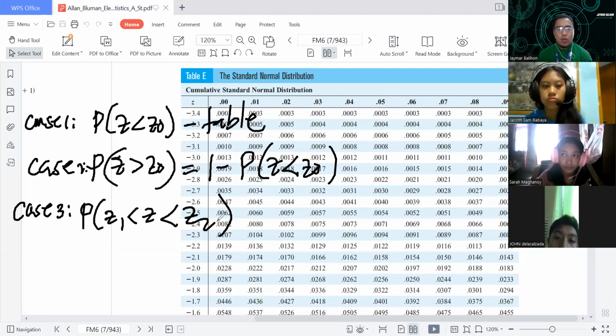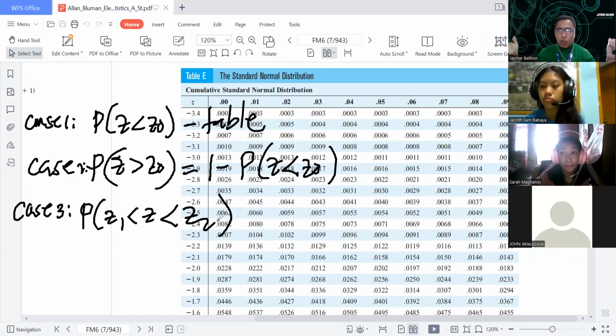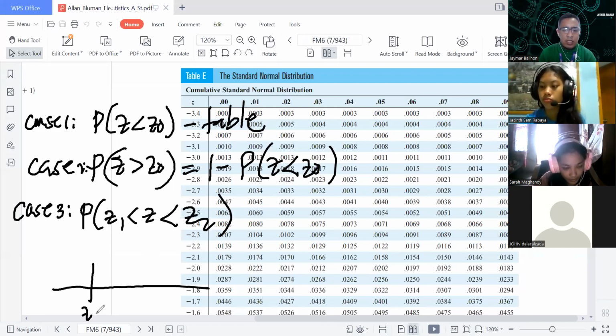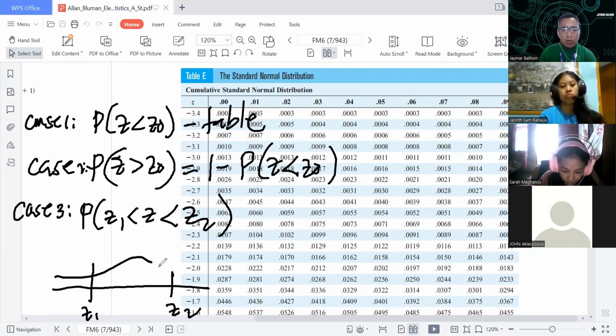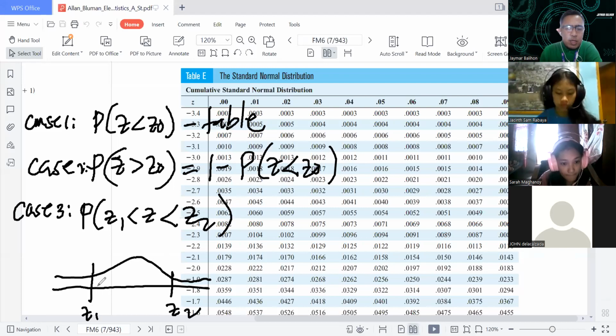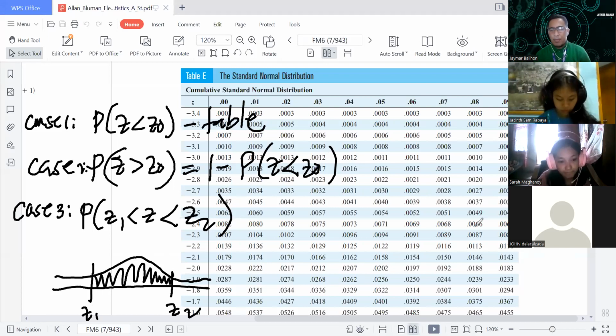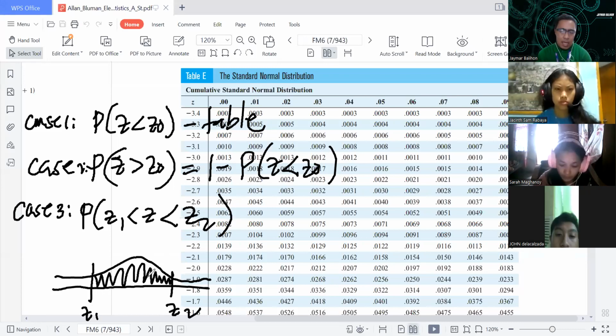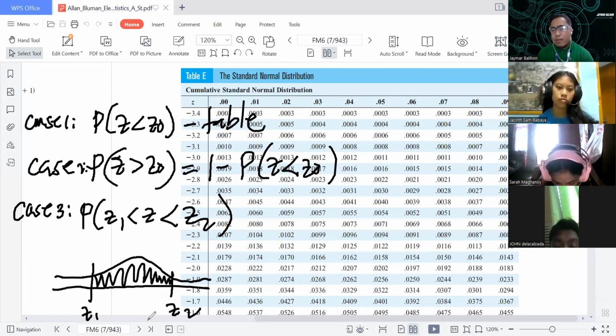If this is your z sub 1 and this is your z sub 2, and this is your normal distribution curve, you are looking for the z in between the 2 of them. So it must be here. Okay? Now, the question is how to find it using only the less than formula.